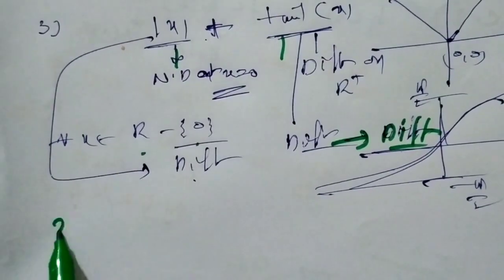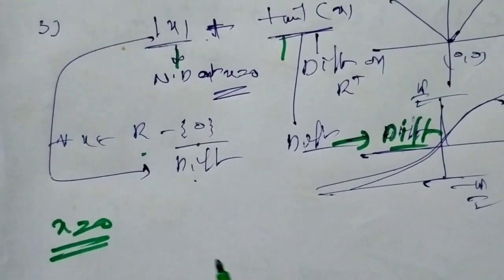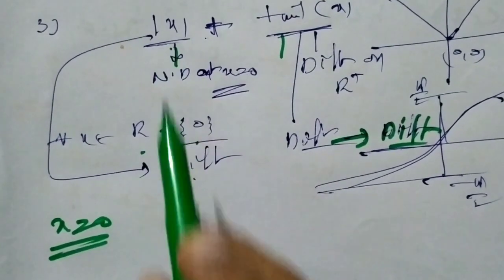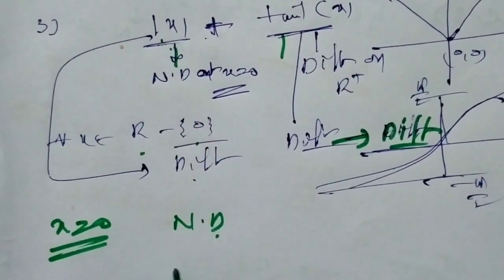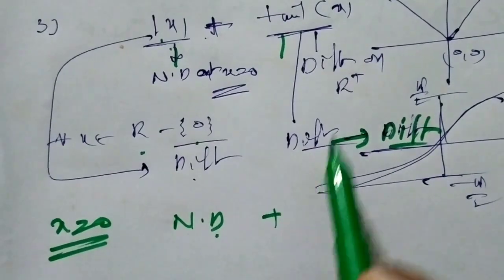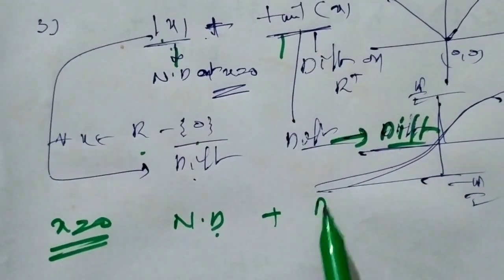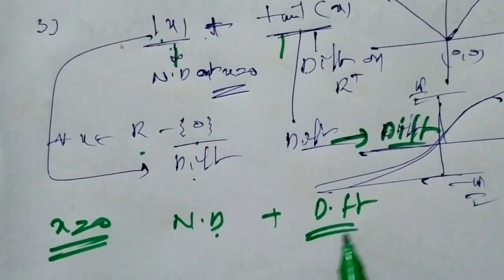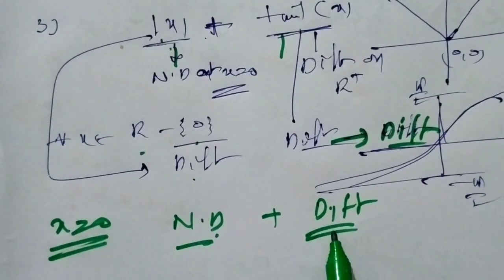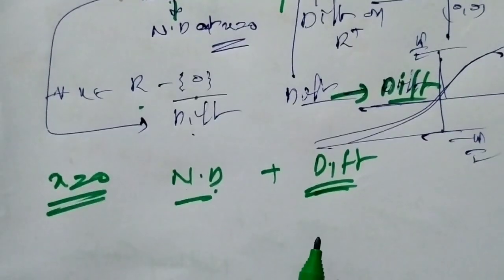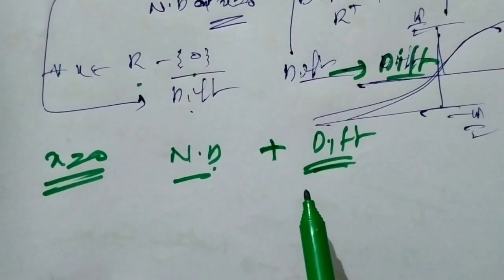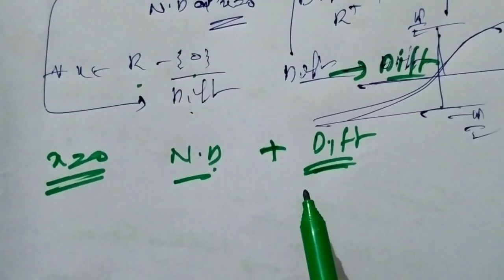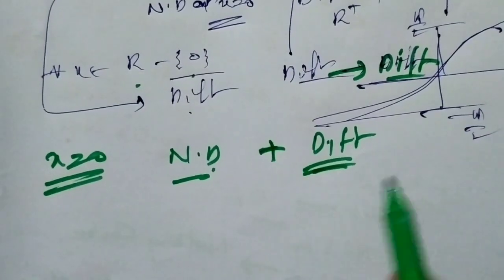Suppose we observe at x is equal to 0. Mod x is not a differentiable function, plus what about tan inverse x? Tan inverse x is differentiable everywhere. So one is non-differentiable, the other one is differentiable. We already stated before that non-differentiable plus differentiable is always non-differentiable.